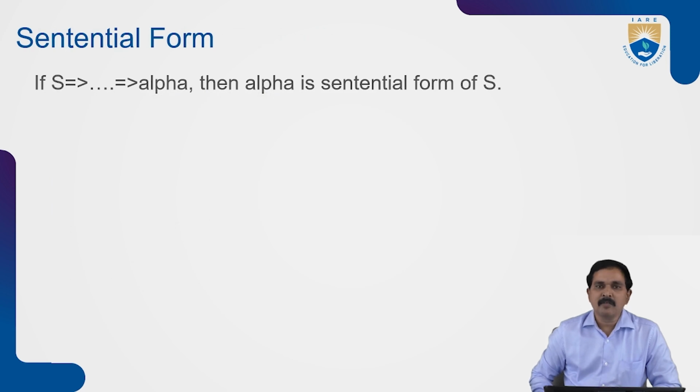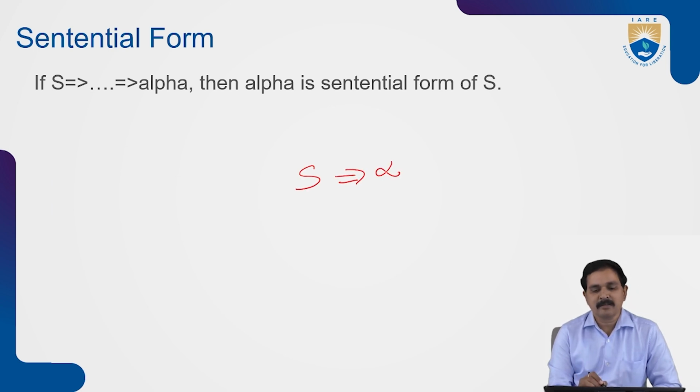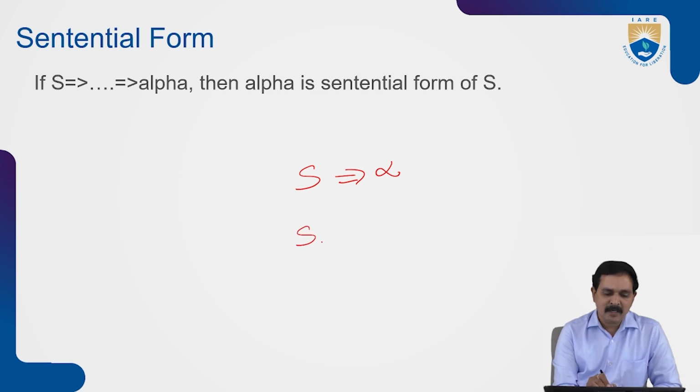And what do we mean by a sentential form? Simply say, any production may solve some strings. Suppose your expected string is not possible using a single step of derivation, so you take multiple steps like this.